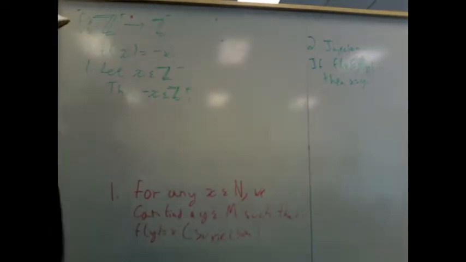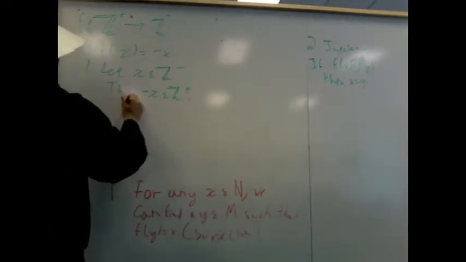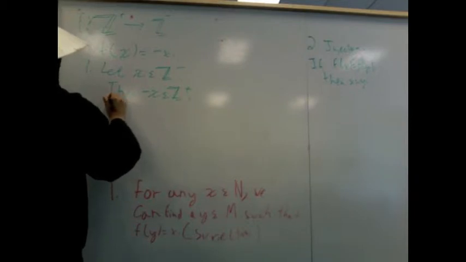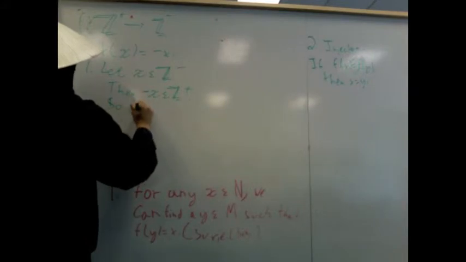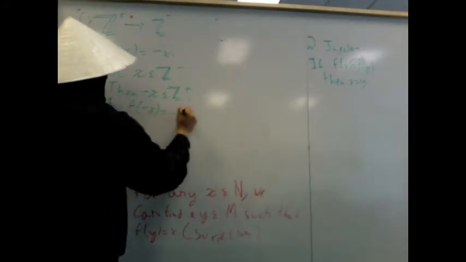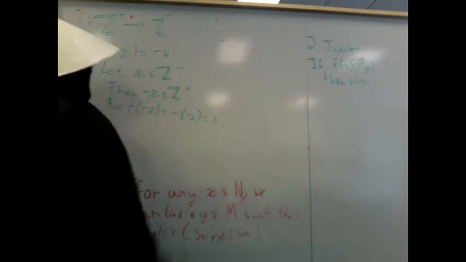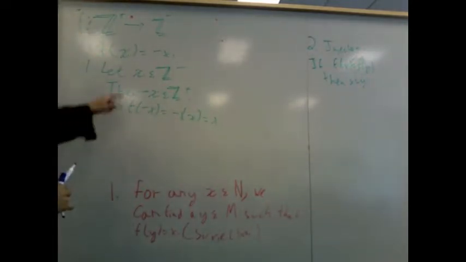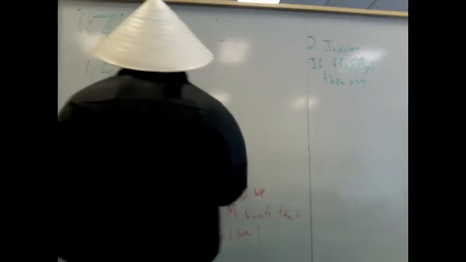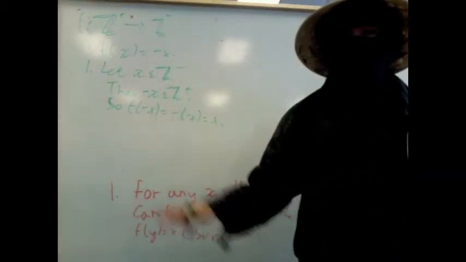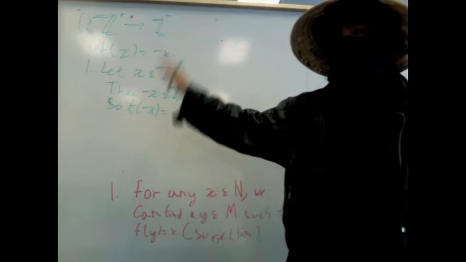Multiply by minus 1, then Z plus. So f of minus x equals minus of minus x, by definition, equals x. Since x was arbitrary, x could have been anything, and this is true for arbitrary x, then it's true for all x.